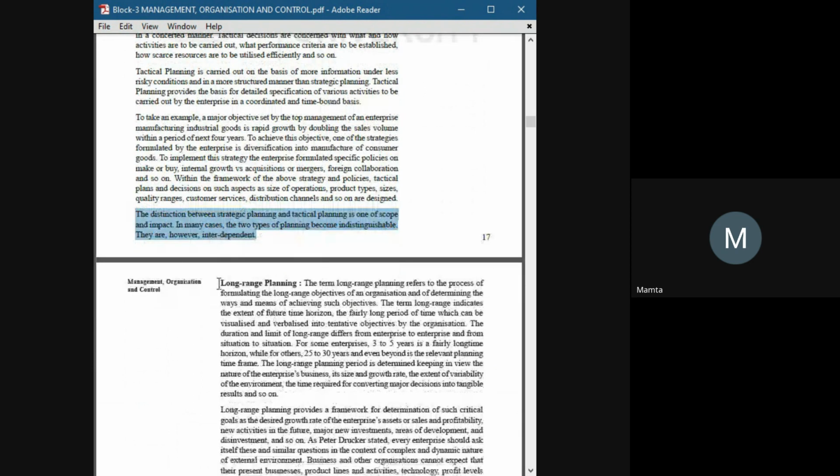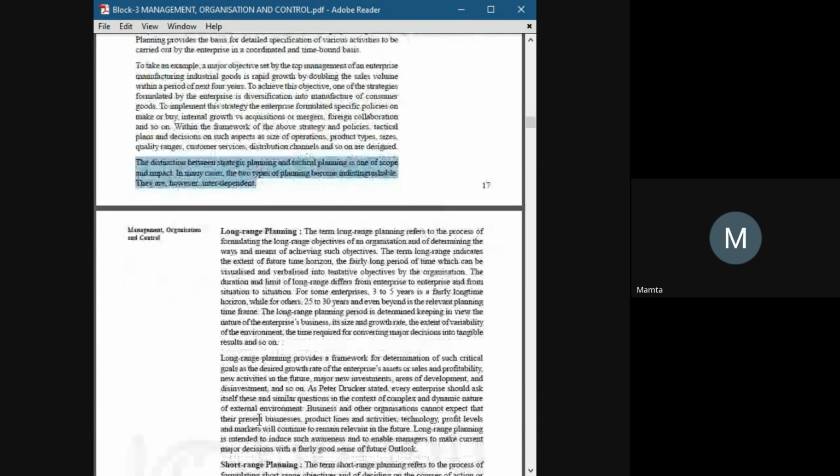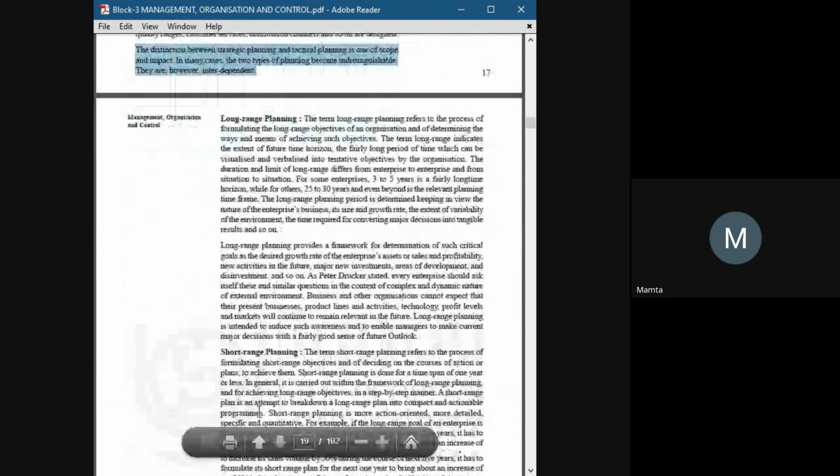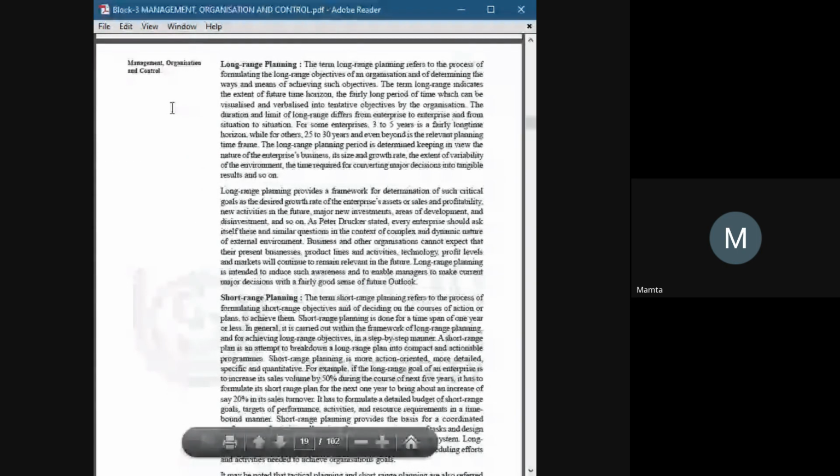Long range planning and short range planning. As the name says, one is for a long period of time and the other is for a shorter period of time. Long range planning is generally when we create a plan for an organization for more than 5 years.